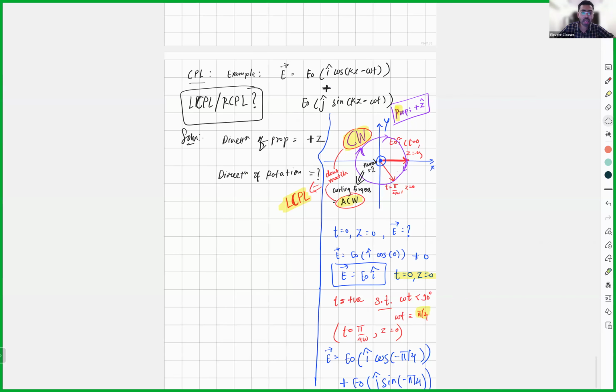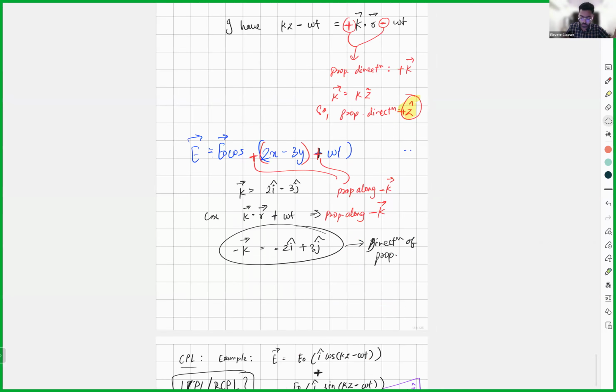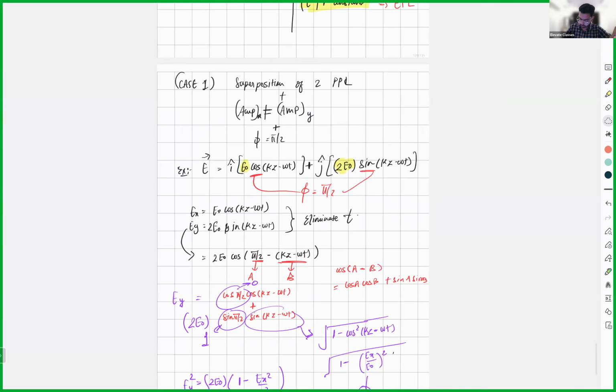Just like I wrote 3 points for circularly polarized light, that is two perpendicular superpositions, plus the amplitude being the same, and third was the phase difference pi by 2. Similarly, you can write 3 points for elliptically polarized light as well, which were case 1 and case 2. Right?